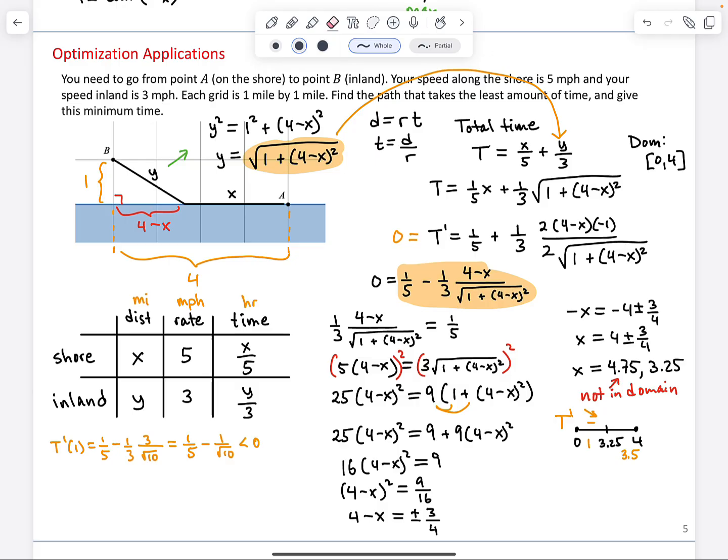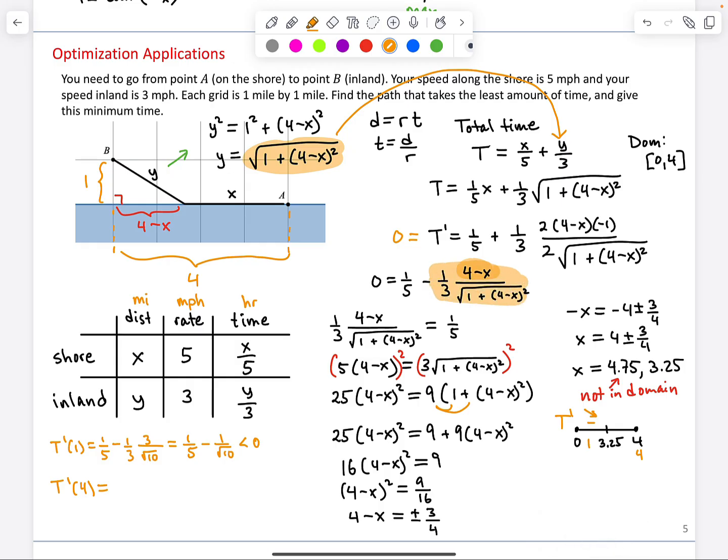Now, as my second number, instead of using 3.5, I can use the right endpoint as a test number. Because the domain was artificially cropped from 0 to 4, 4 is a number that would have been between these two critical numbers, so I will use the 4 as my test number just to keep the mental work easier. Capital T prime of 4 will be equal to, when you plug 4 into x here, that will put a 0 in the numerator, which will zero out this entire fraction.